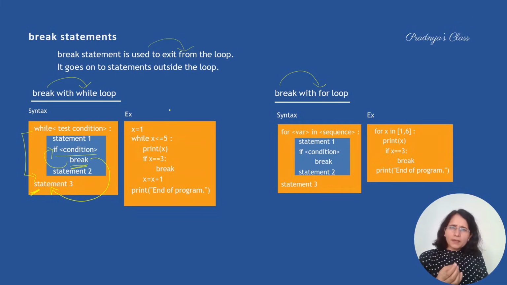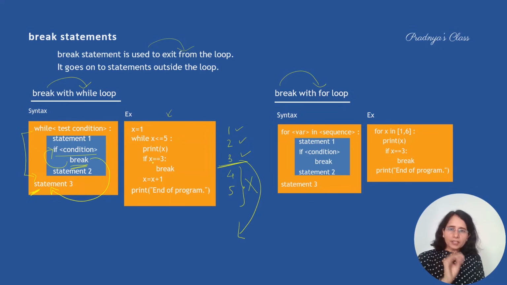Let's take the same example which we discussed with the while loop. We were printing the numbers 1 2 3 4 5. Now I am going to make a little modification in the same program. Here we have to print the values only till 3. When the value is 3 we print it, and then come out of the loop, which means the remaining values will not get printed.